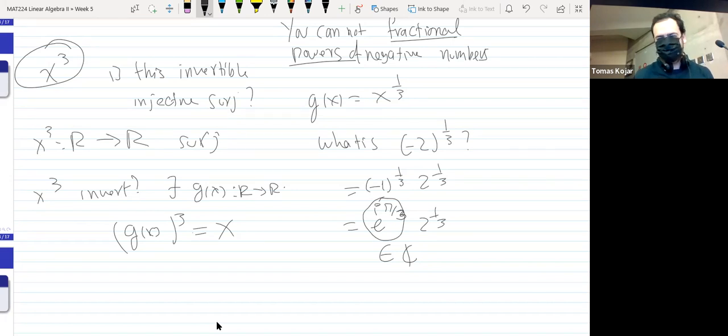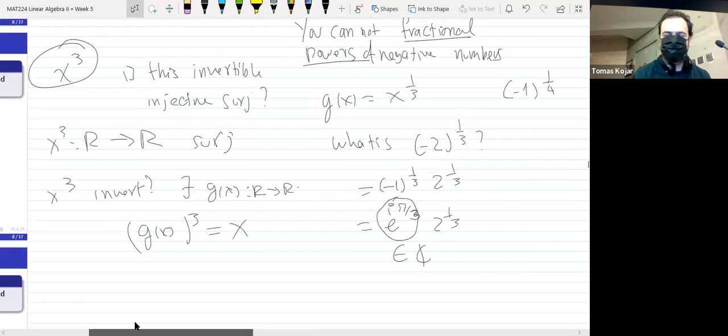So be careful when you do that. For example, -1 to the 1/4 is also problematic. But I think in calculus they sort of define it, like you said. Let me not go too deep into this; we can talk about it after.